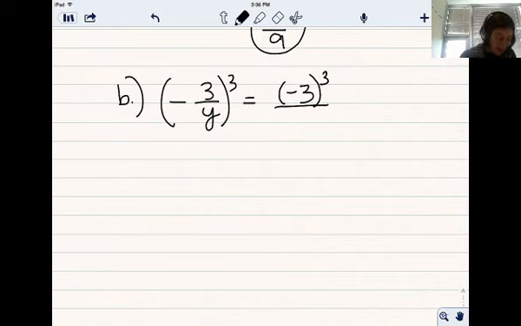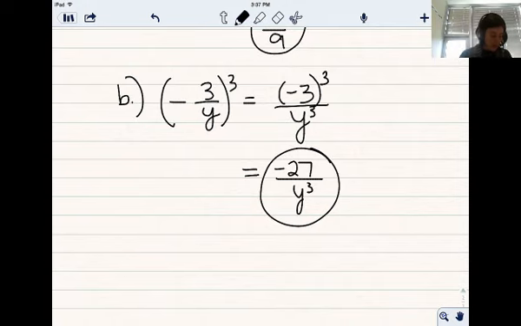Take that to the third power and take the y to the third power. And then -3 times -3 is +9 times -3 is -27. So if we have an odd exponent, if we're bringing a negative number to an odd power, we're going to end up with a negative number. And then y to the third.